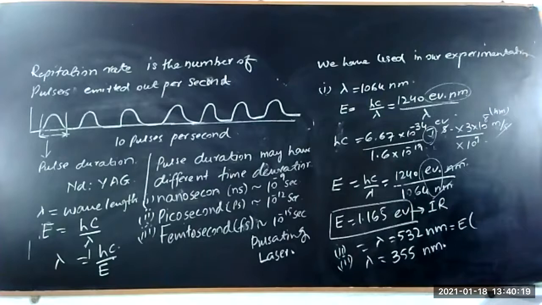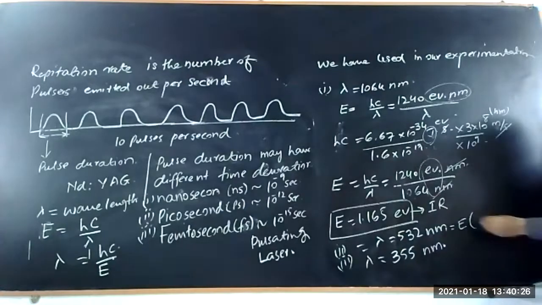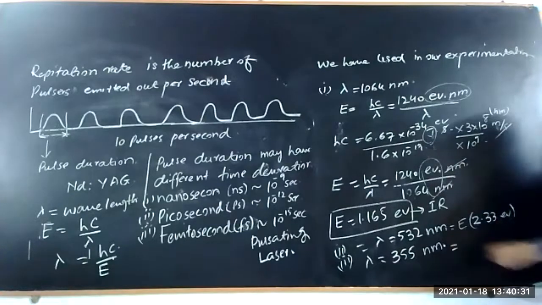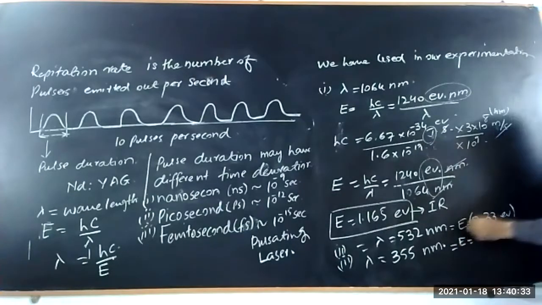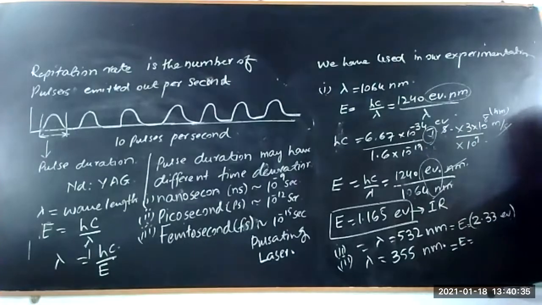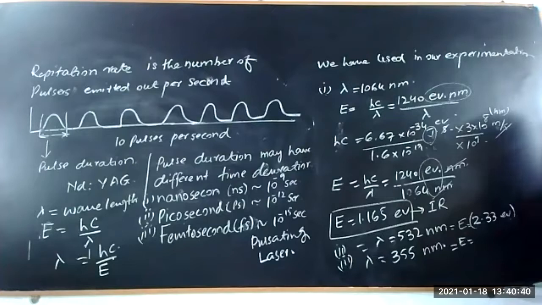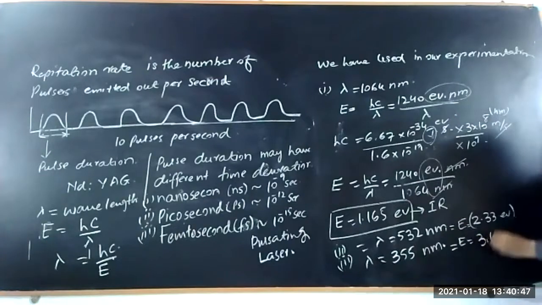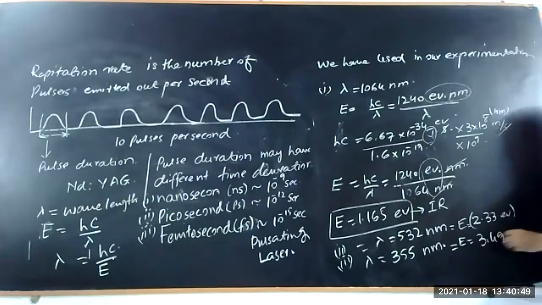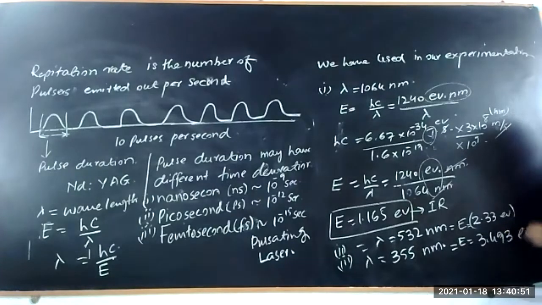So you can find out its energy easily. 1240 divided by 532 is equal to 2.33 electron volt. And for 1240 divided by 355, this gives you 3.49293 electron volts.